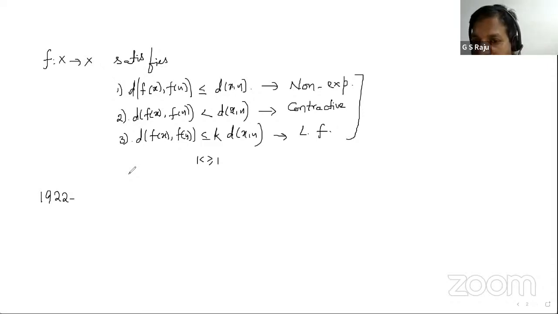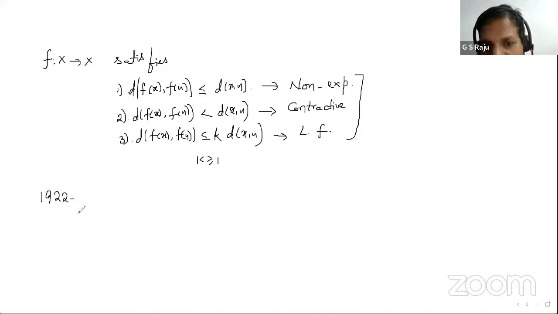More than that, for any given initial point x naught, the Picard iterates will converge to the unique fixed point. This has much impact in numerical analysis. Anyway, we are not going to do many applications here. I would like to discuss only the geometry, how geometry is involved for such kinds of maps.